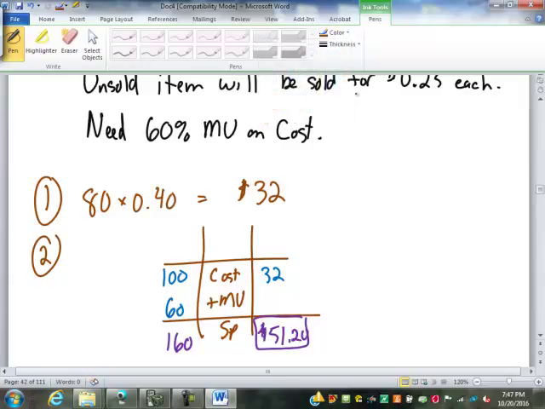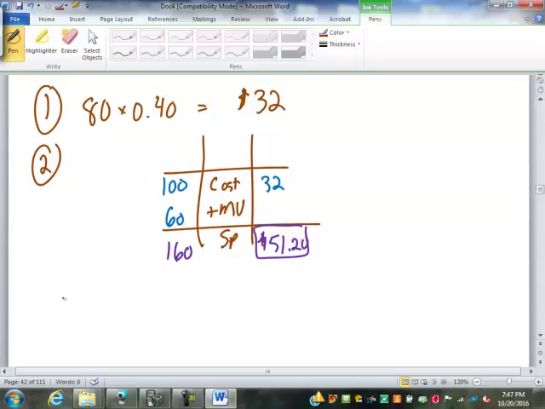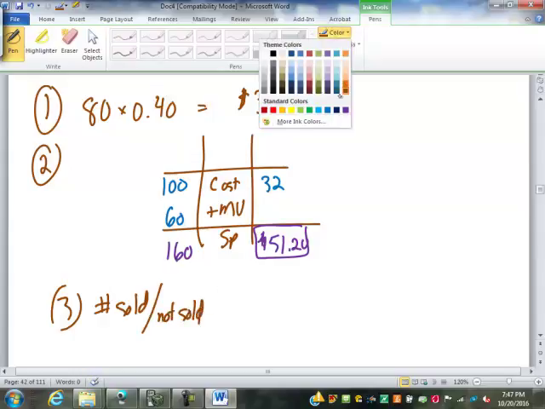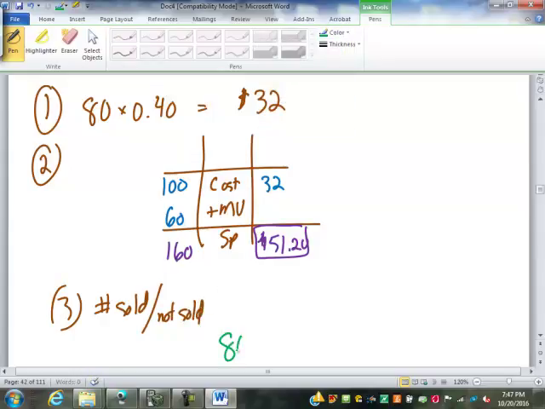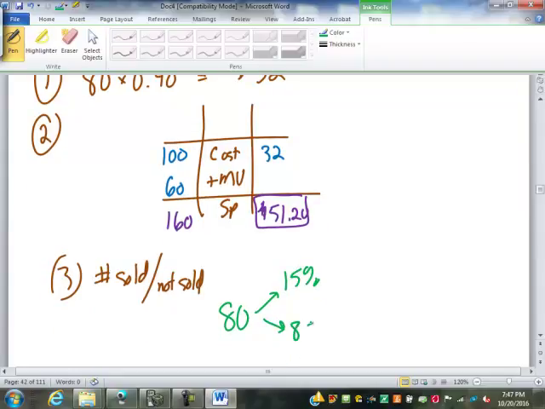And then number sold and not sold. So we have 80. What percent is not sold? 15%, which means what percent is sold? 85%.